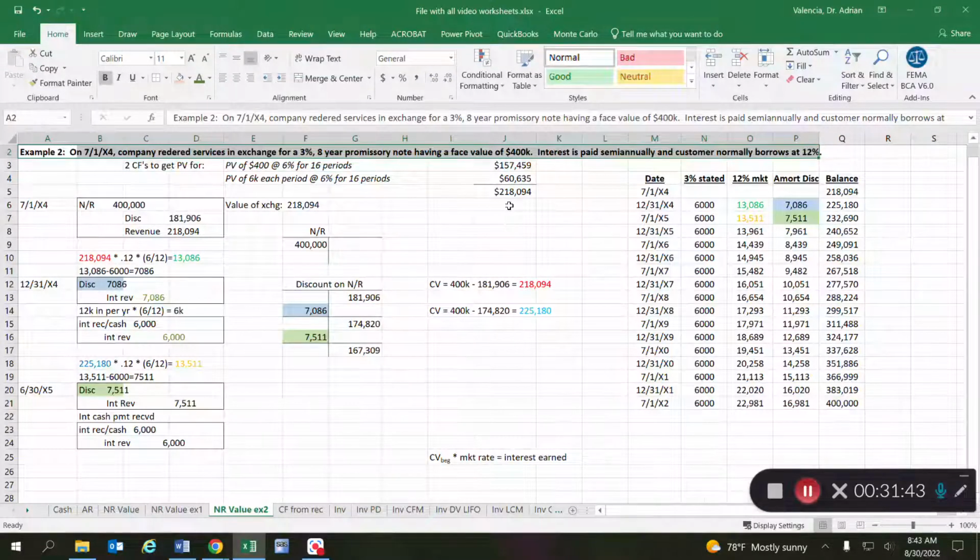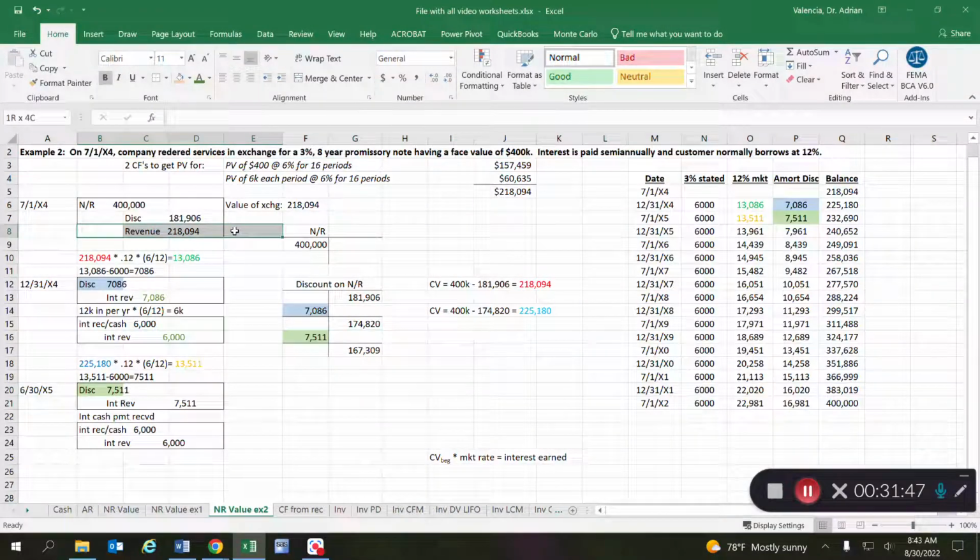And we ended up figuring out that the revenue that we're providing for the transaction at hand, the operating activity one, is 218. Every other revenue apart from that is us acting in the capacity of a finance company. So we recognize it as interest revenue as opposed to just regular revenue.